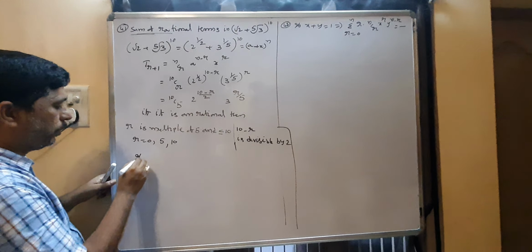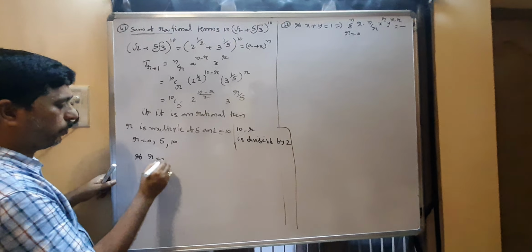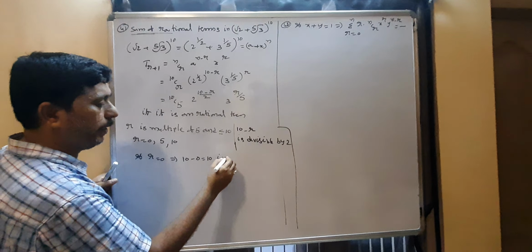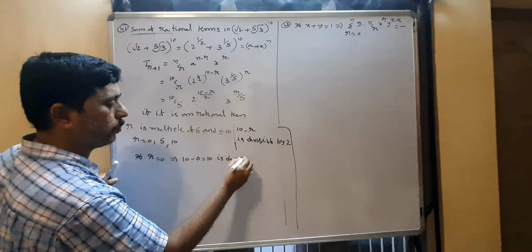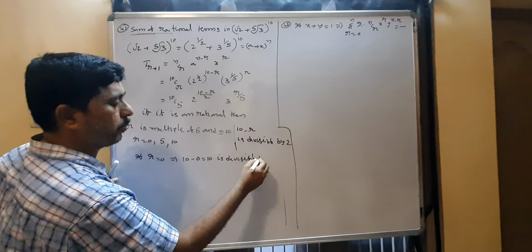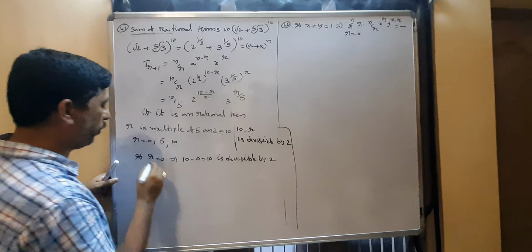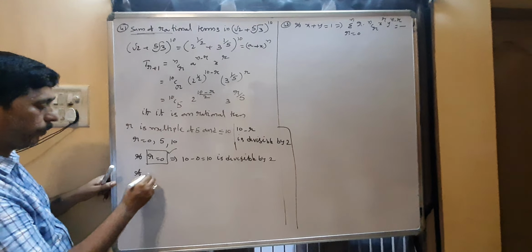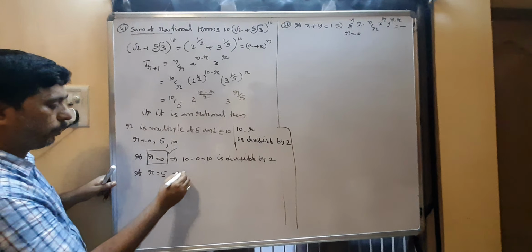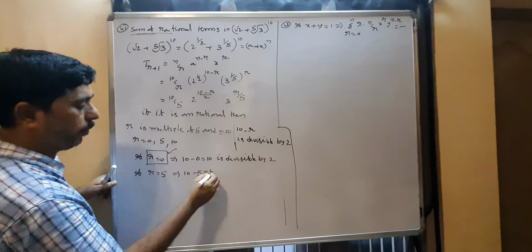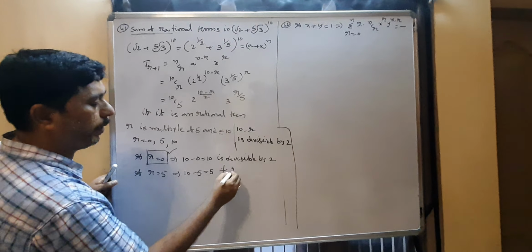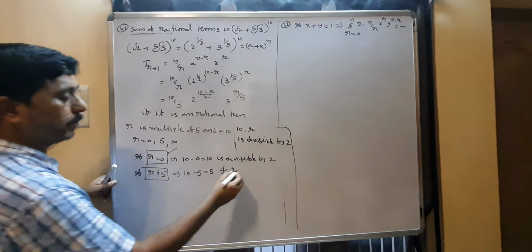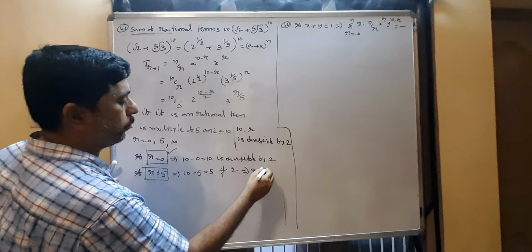If r equals 0, then 10 − 0 = 10 is divisible by 2, so r = 0 is possible. If r equals 5, then 10 − 5 = 5 is not divisible by 2, so this is not correct, r is not equal to 5.